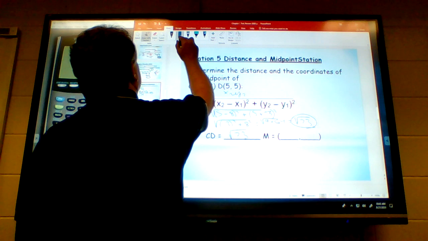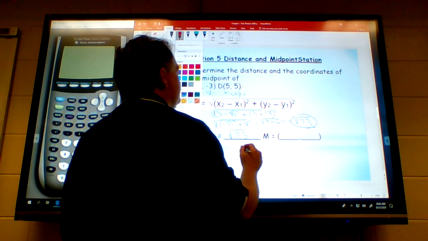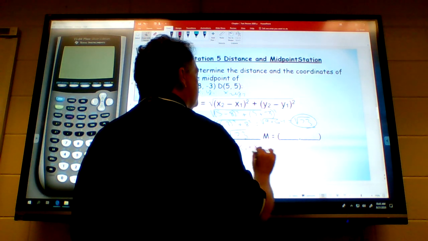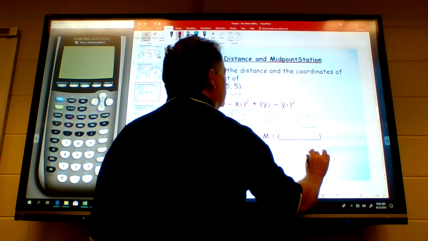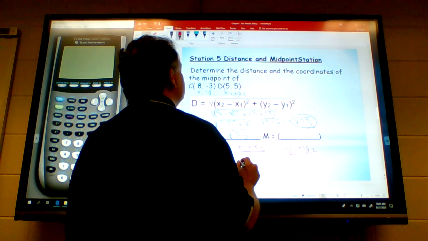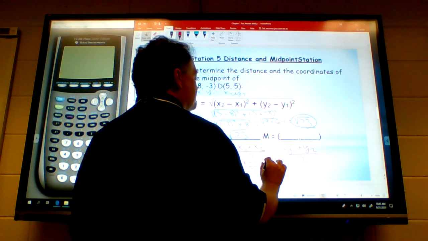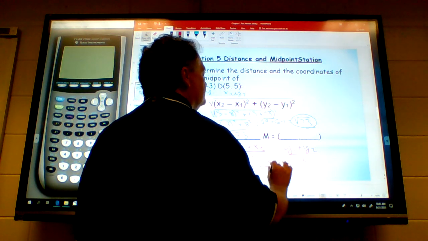It'll be something like that. All right, now, midpoint. Midpoint is x1 plus x2 over 2 and y1 plus y2 over 2. Now x1 we know is 8, and x2 is 5 over 2. That's going to be 13 over 2, which is 6.5.